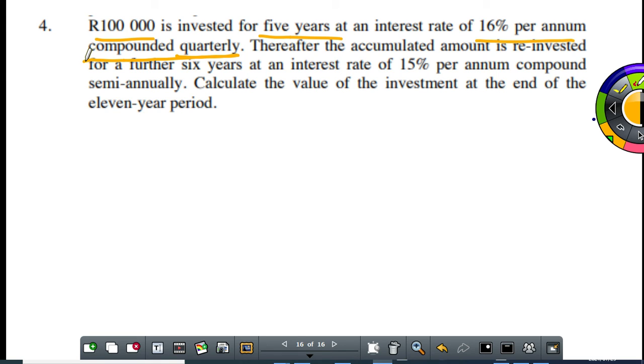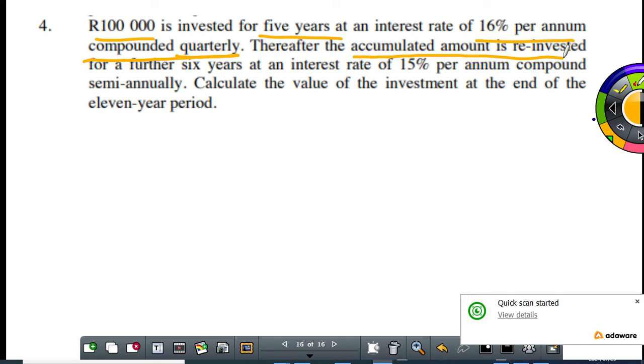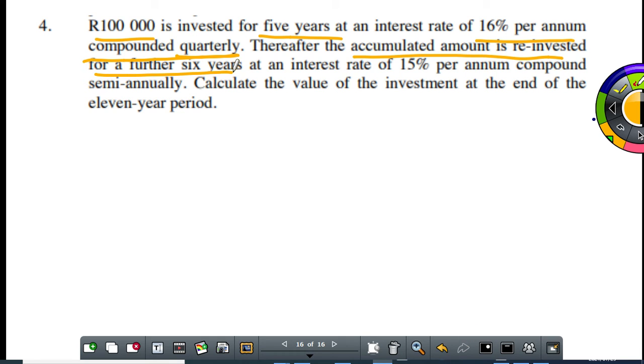Thereafter, the accumulated amount is reinvested for a further 6 years at an interest rate of 15% per annum compounded semi-annually. So we have two interest rates that are different. We also have two compounding periods that are different. So calculate the value of the investment at the end of the 11-year period.